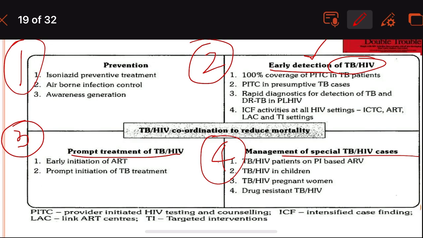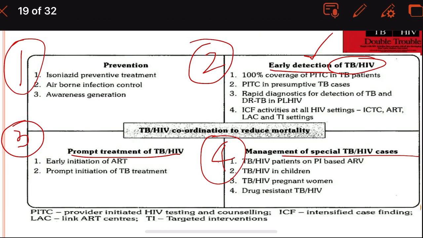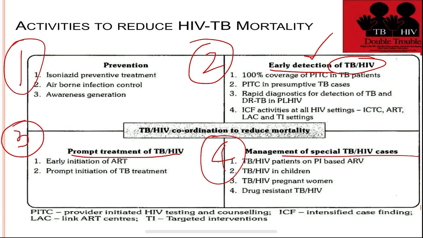In the prevention, we give isoniazid preventive treatment. Airborne infection control. Awareness generation. We need to bring in the awareness, providing information, education, communication, behavior change communication in the people, creating awareness in the generation.